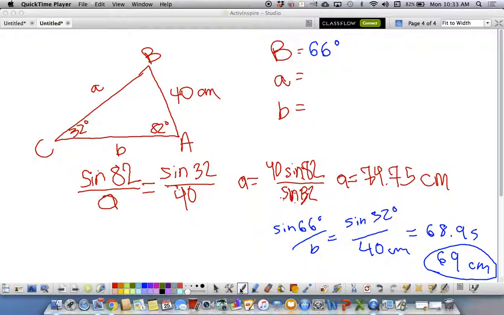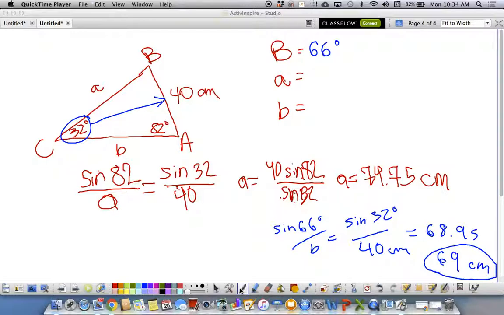Very good. So no matter what, if you have two angles and a side, you're always just going to use the law of sines. A little hint: if you are ever given an angle and a side opposite it, you can use the law of sines, no matter what.